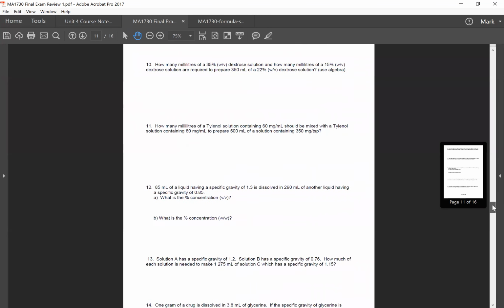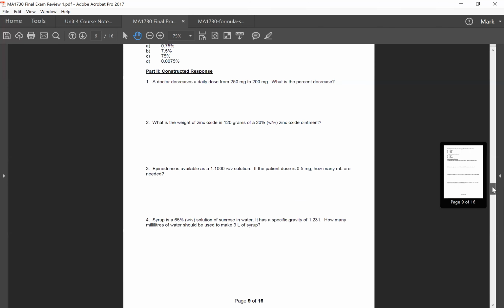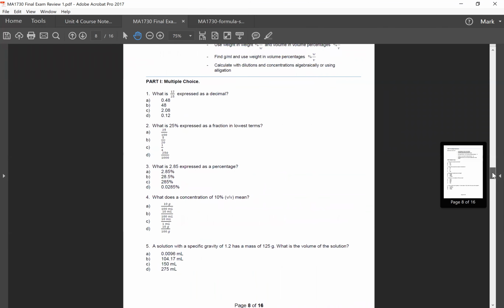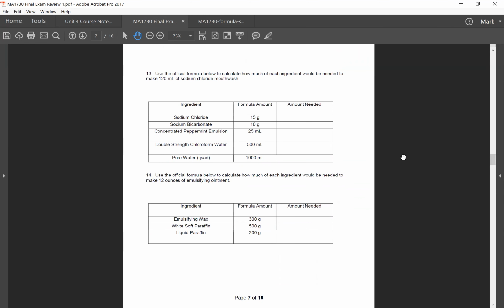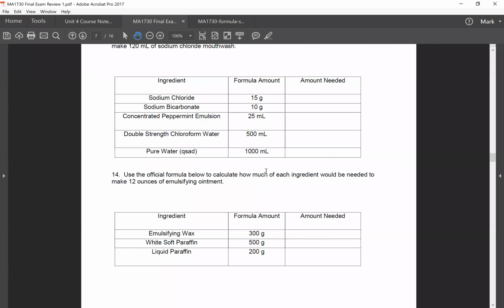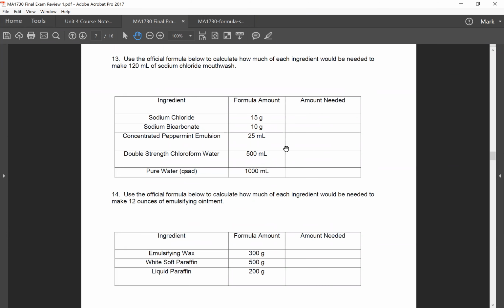This is a practice test. Actually, when I told you guys that this is an old exam, I don't even think this is an old exam. I think this is just old exam questions put together in one document. What I'm saying is you're not going to have 2 of these on your final. You're only going to have 1 of them. So let's look at this. Let's see how we can do this.